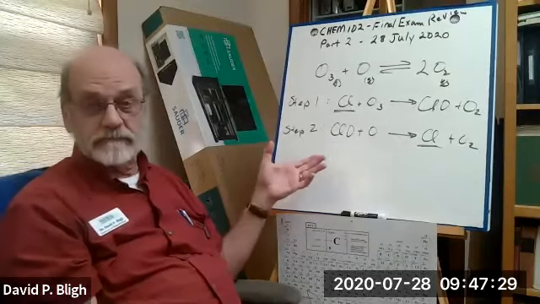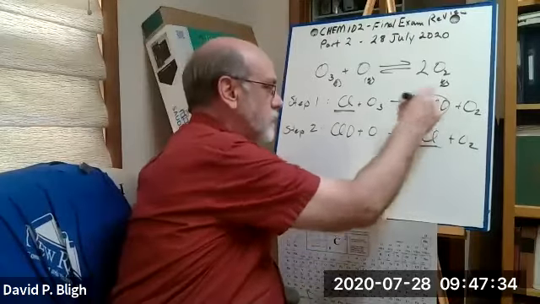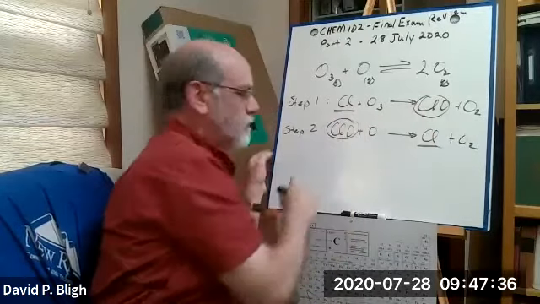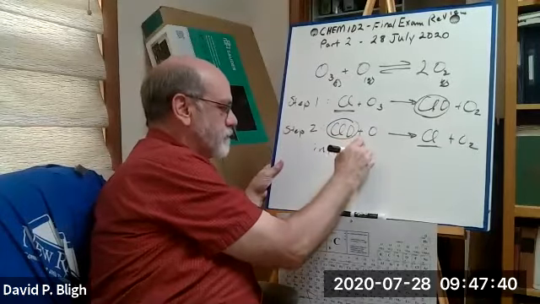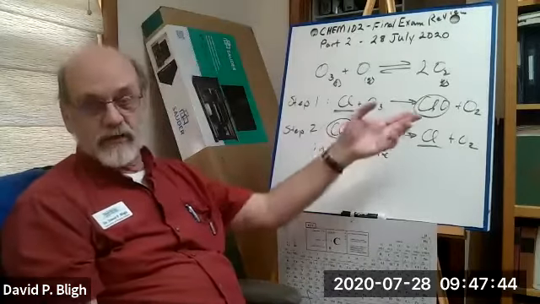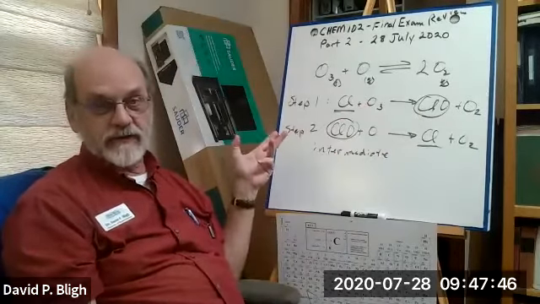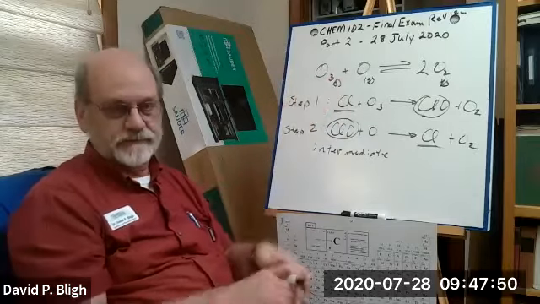Okay, while we're here, what is ClO? It's an intermediate. It shows up and disappears before the end of the reaction. It's an intermediate species.